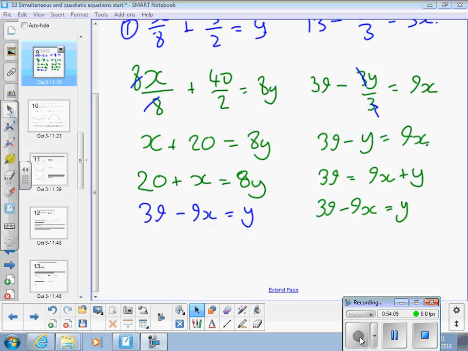So we'd end up with 39 times 8 is 312. Minus 9 times 8 is minus 72, is it not? Is equal to 8y. Everyone agree with that?